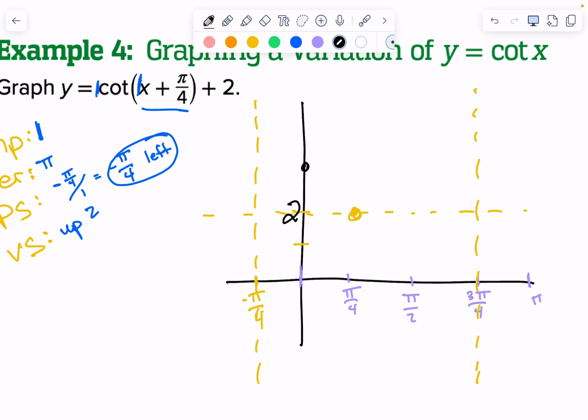He's here at 3, and he's here at 1, because he goes downhill, right? That's what he looks like. That's cotangent. He's up 2, amplitude of 1, period of pi, left pi over 4. Do your little crosshair marking things, and then it will be easier.